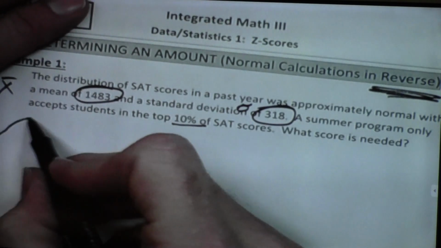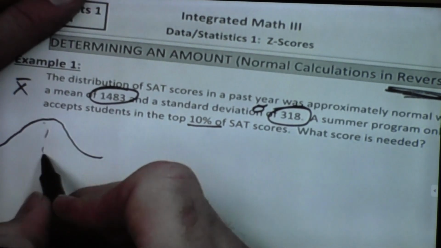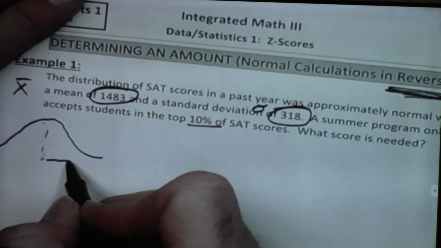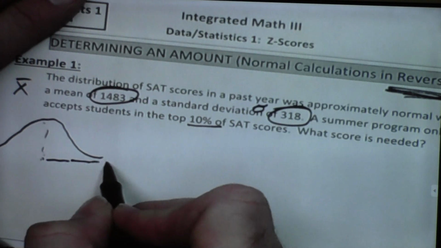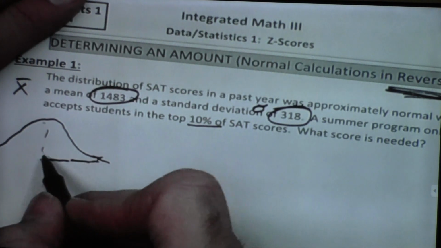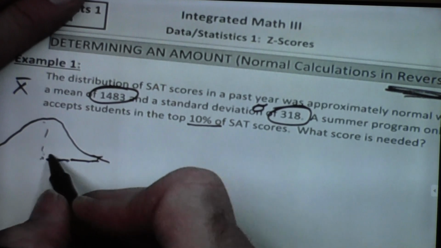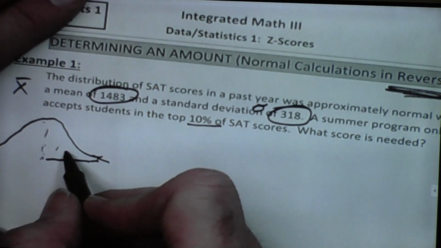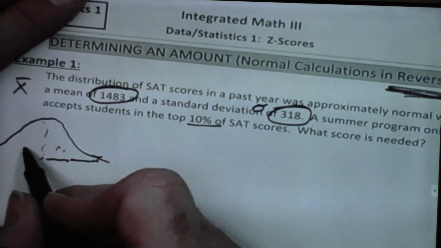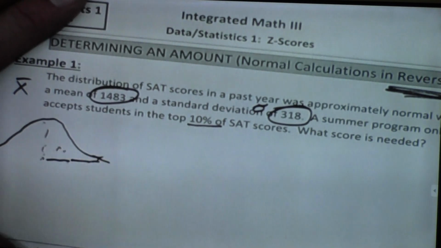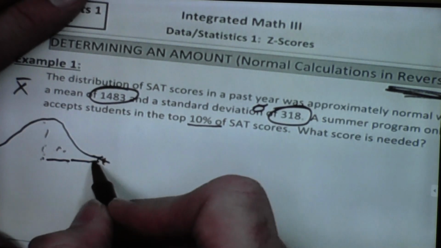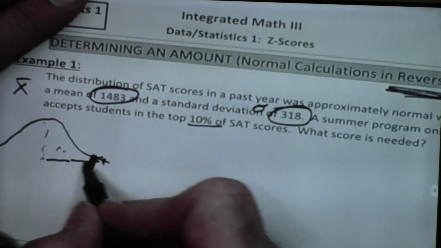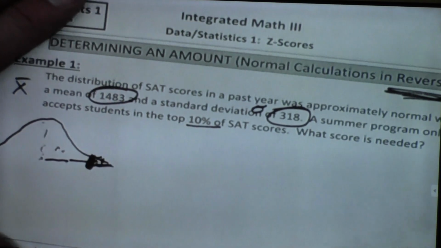Graphically, 1483 would be here. We're going to go up 318, up 318 again. But you have to figure out, because these numbers don't get to 10%, we've got 34, 80, let's see, now 95% comes to about here, but we want 90%. So we can take the 10%, that's an in-between number.